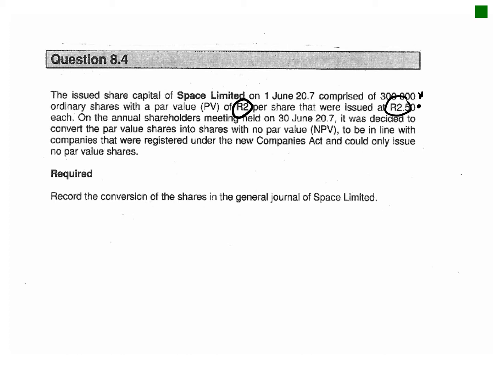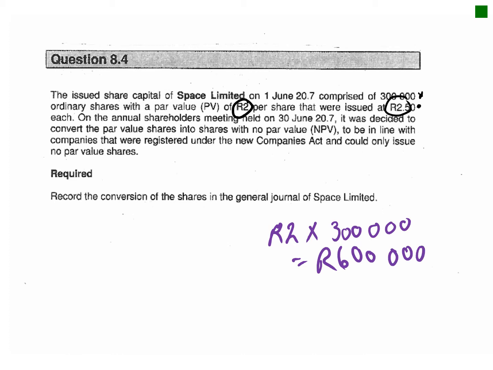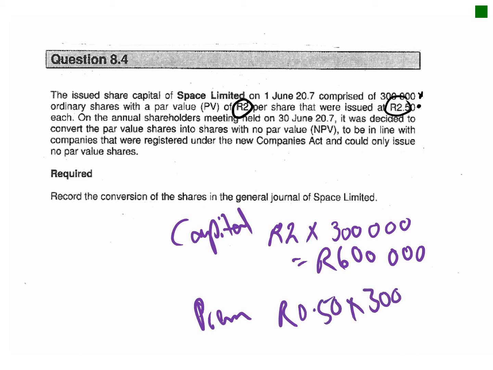So what we've got to think about is the fact that this company already has shares at R2 in the share capital account. That's 600,000 rands worth of share capital. But in their share premium account, so that's capital, in the share premium account, they will have 50 cents for every share times 300,000 shares, which is 150,000 Rand.